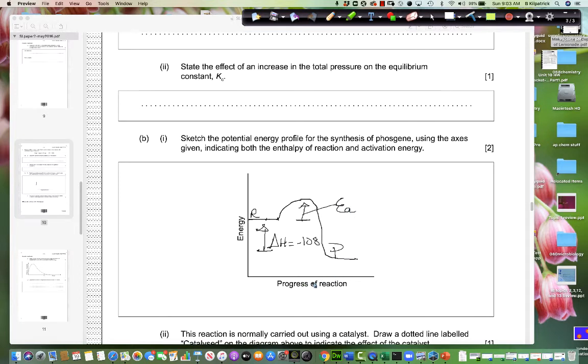So it gives you 2 marks. You need to make sure that you include the products lower than the reactants and that you have the enthalpy marked correctly, with the actual value, that gets you 1 mark. And then your activation energy is the 2nd mark.